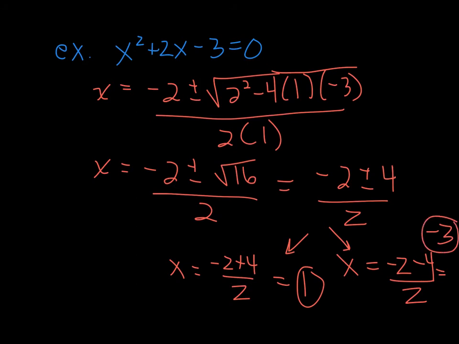So those are my two solutions. And actually, anytime you get a whole number as your answer, that tells you that your original quadratic was factorable. So if I try to do the AC method here, I would find that the two numbers that work for this would be 3 and negative 1. So if you do the quadratic formula and you get whole numbers, it just kind of tells you that your original problem was factorable.